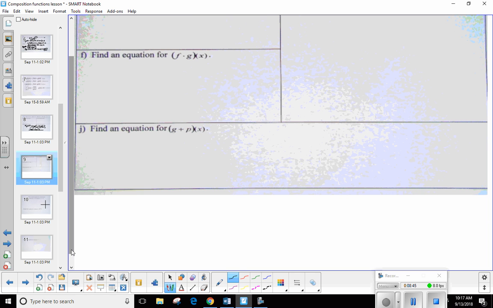All right, well, let's take a look at J real quick. Find an equation for G plus P of X. All right, so remember we just said a little while ago, this is not a composition. I just want to add the two functions. G of X was 1 minus 2X, and P of X was X plus 2 over X minus 3.